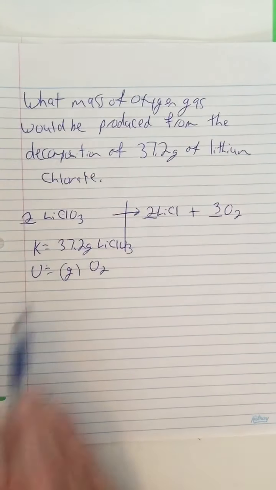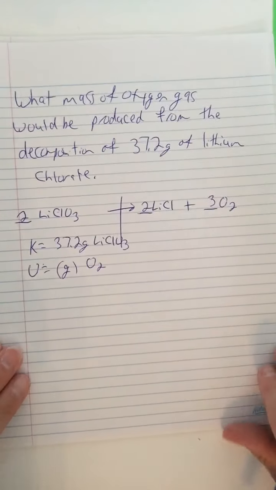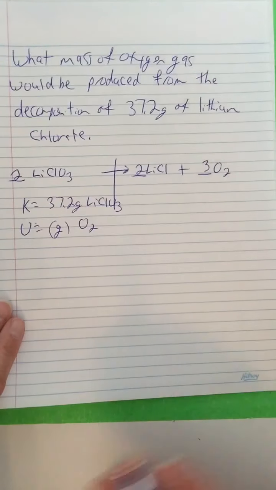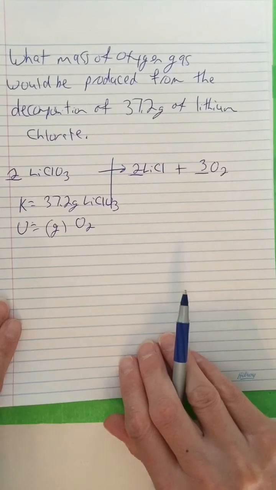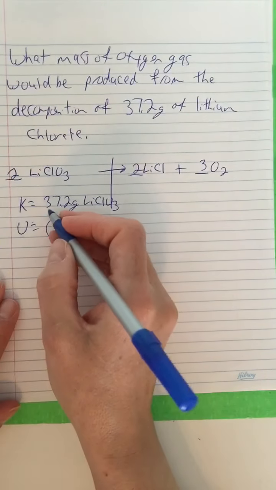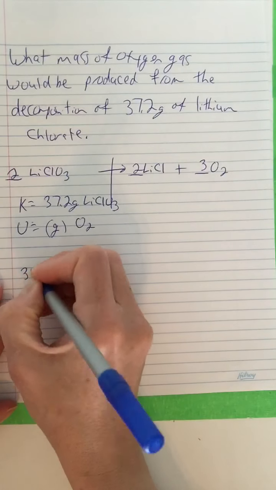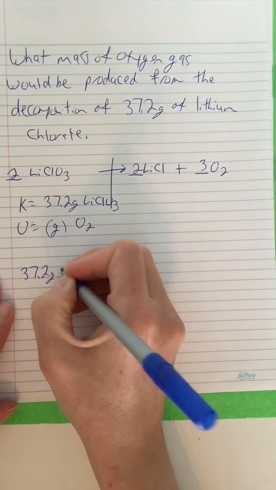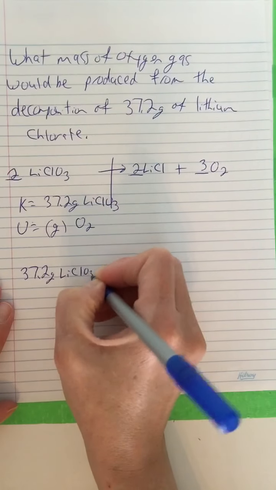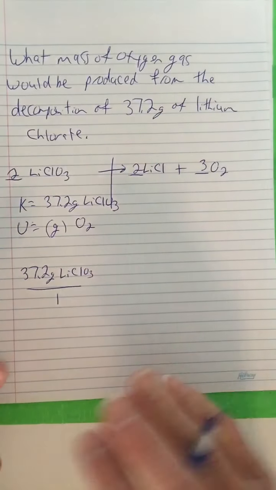Okay, this is our start. How do I always start these problems? I start with my known, and I put it over 1. 37.2 grams of LiClO3 over 1. Good start.